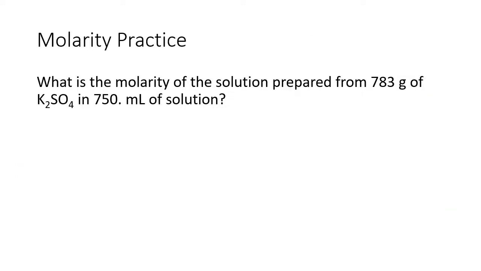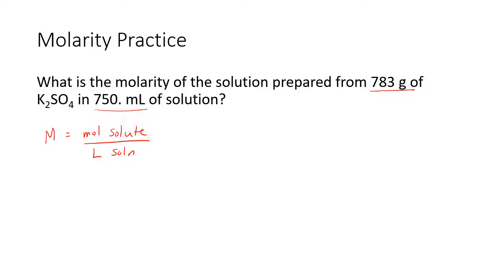Next, we're going to try a few example problems. What is the molarity of the solution prepared from 783 grams of potassium sulfate in 750 milliliters of solution? So here we're calculating a molarity, so we're going to have to find moles of solute and then divide by liters of solution.